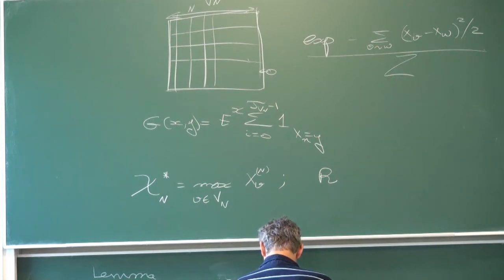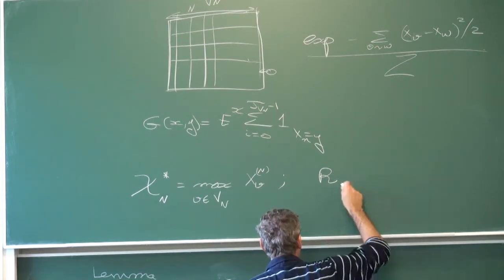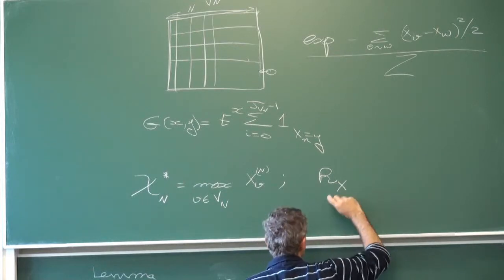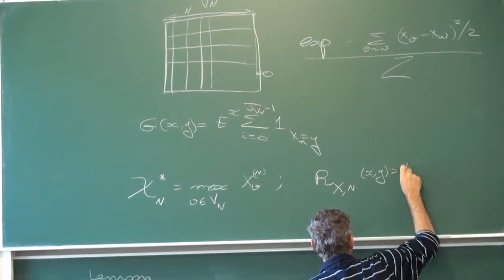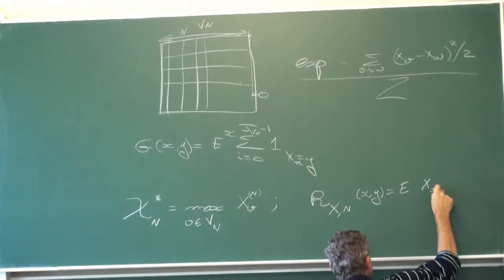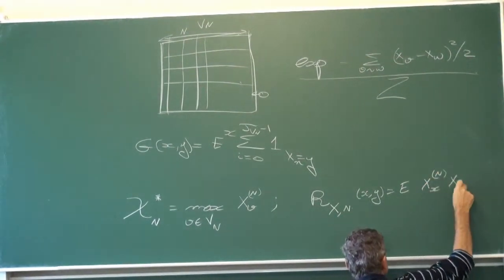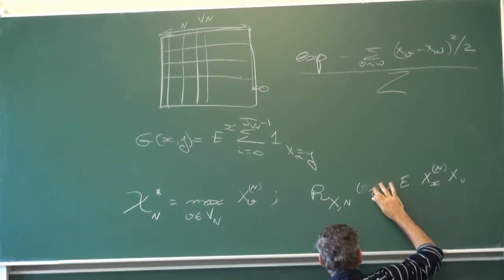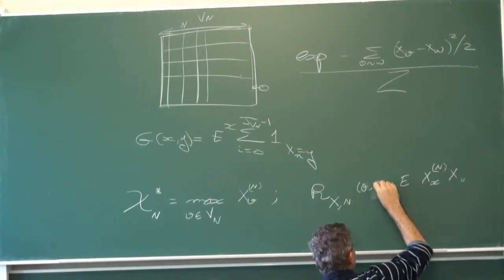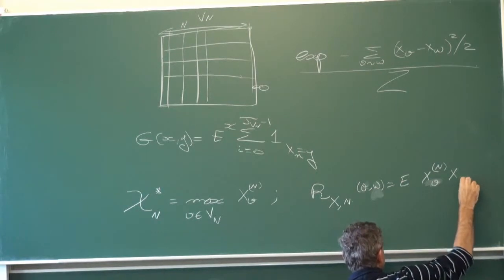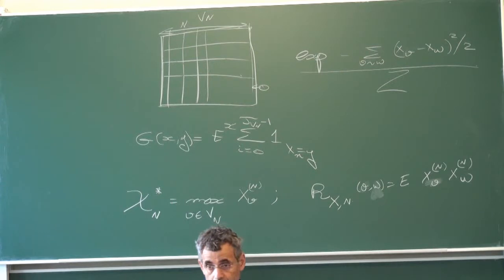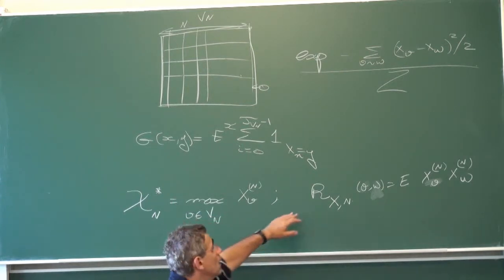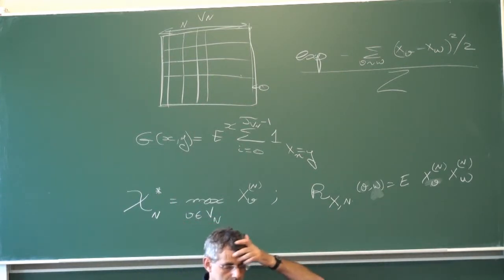So R_n(v,w) is just the expectation of X_v^n X_w^n. Every time, for any field, if I write R, I mean the covariance function.